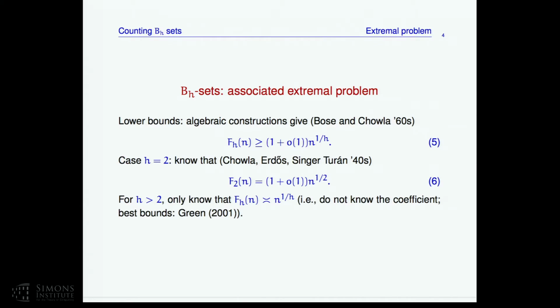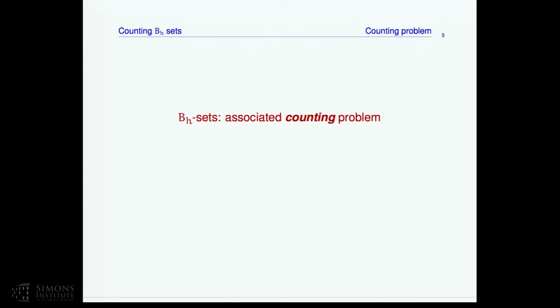But in general, for H bigger than 2, you just know that it's of order n to the 1 over H, and the coefficient is not precisely known. And for the upper bound, the best bounds are due to Ben Green. But I will not go into this direction.